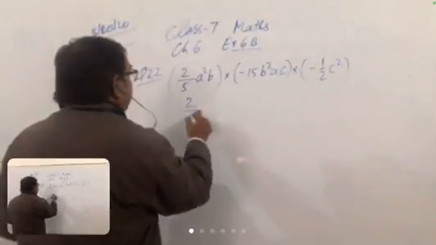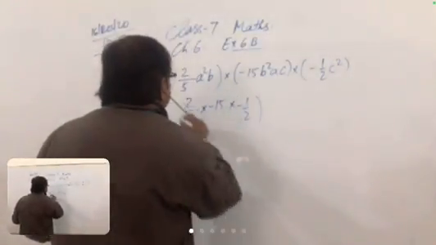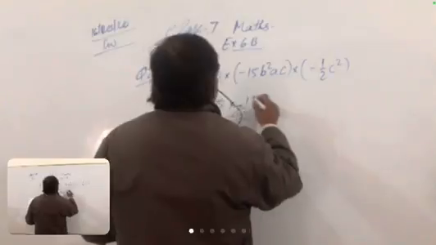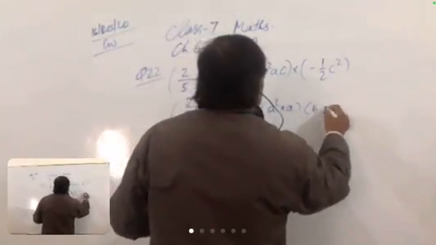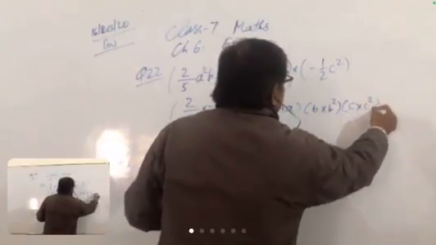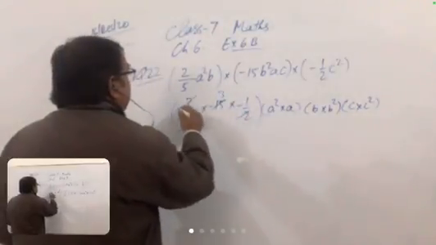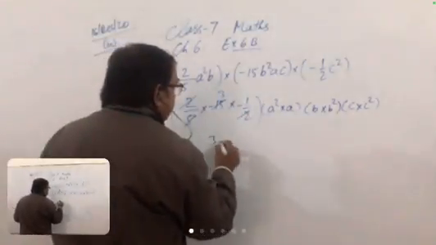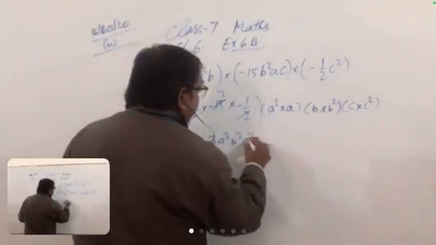So 2 upon 5 times minus 15 times minus 1 by 2, and then a square into a, b into b square, and c into c square. Now it will be 3 and this. So our answer is 3 a to the power 3, b to the power 3, and c to the power 3.